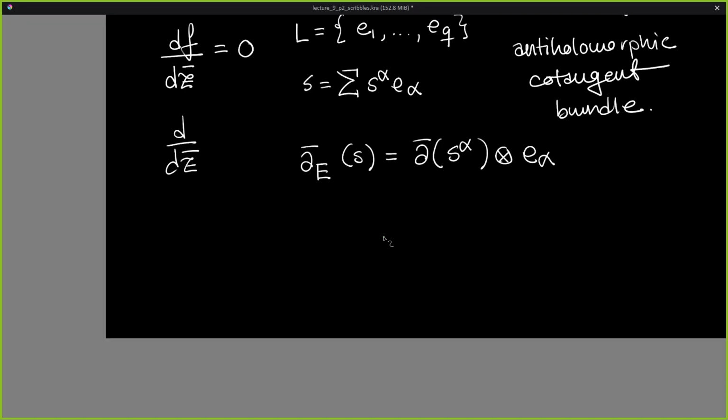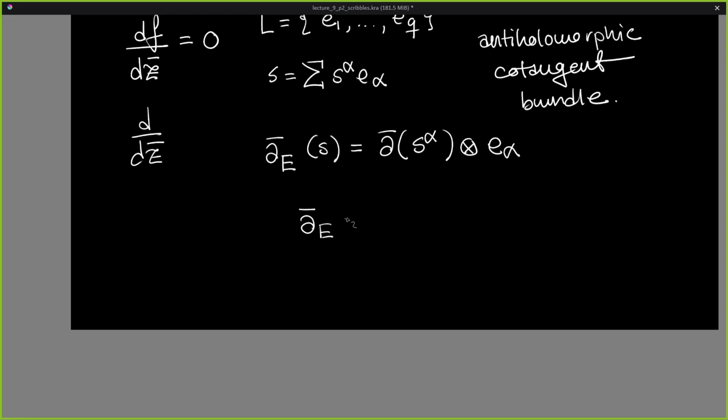There's another definition of a holomorphic section that comes from this operator. This is kind of like a bootstrap definition. We defined it forwards first, and now we're going to define it backwards from knowing what the result is. We can also define a holomorphic section as partial bar E of S equal to 0.